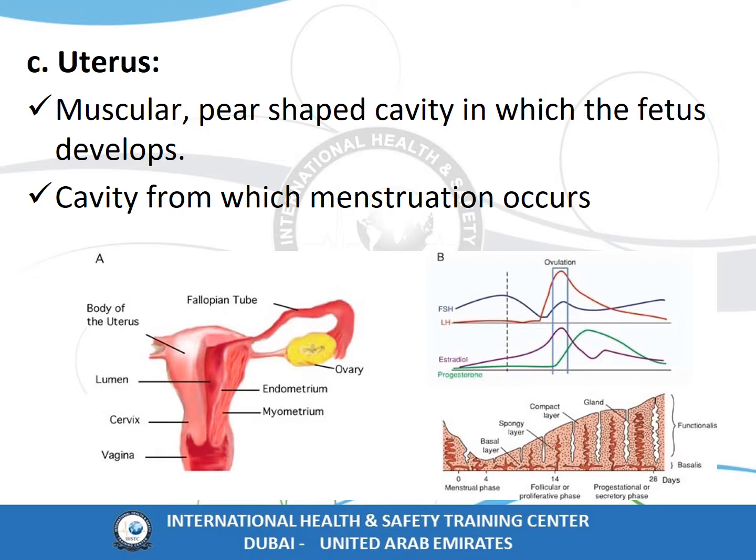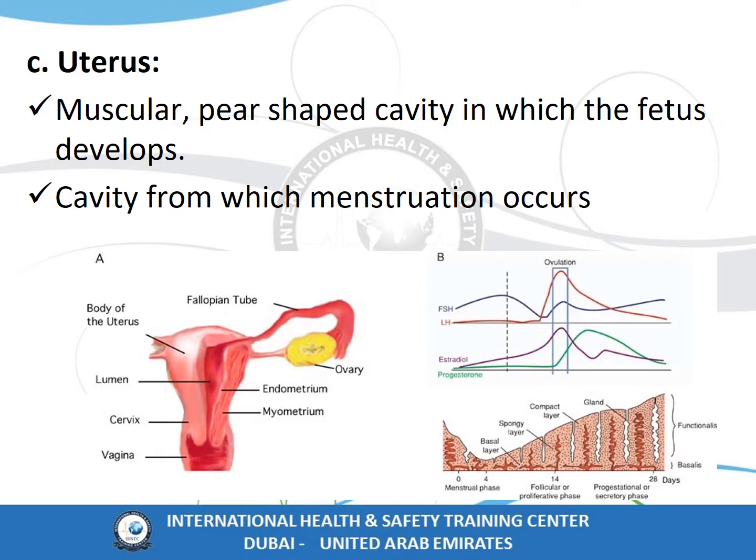Fundus is the bulging upper area of the corpus. Cervix is the lower portion of the uterus. The internal os is adjacent to the uterus and the external os is adjacent to the vagina. Isthmus, or the lower uterine segment, separates the corpus from the cervix.